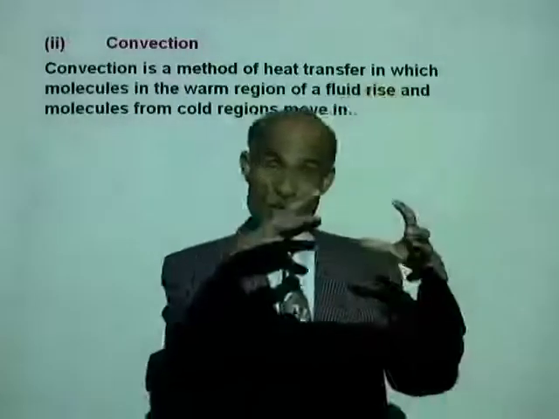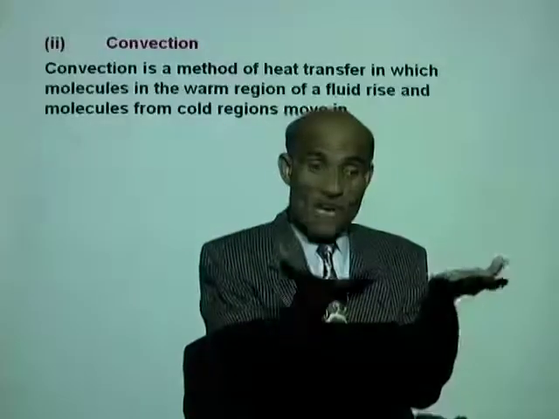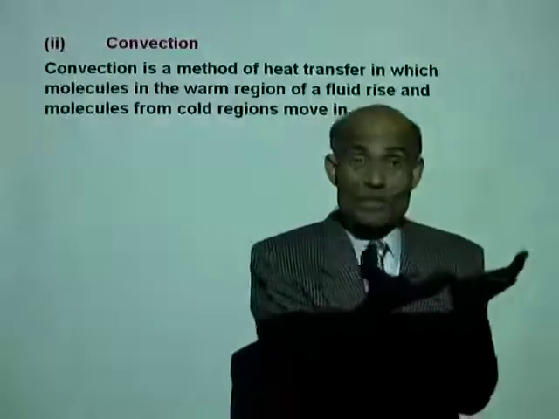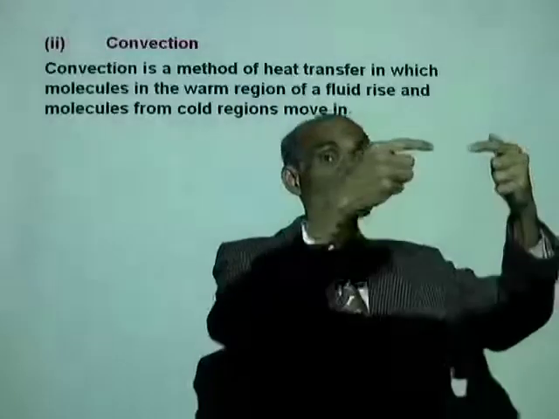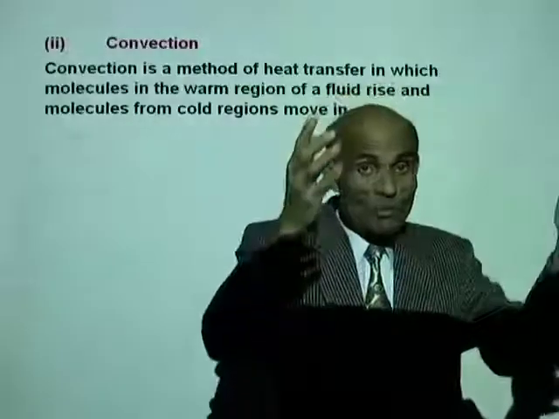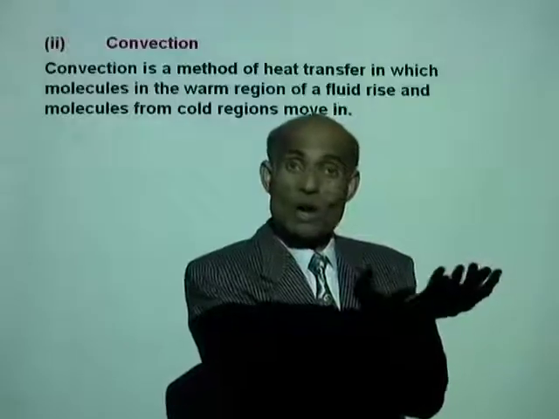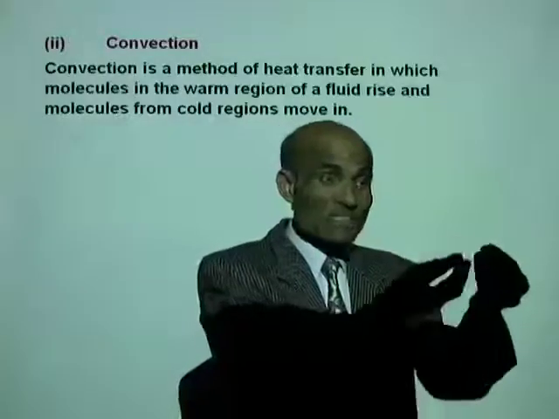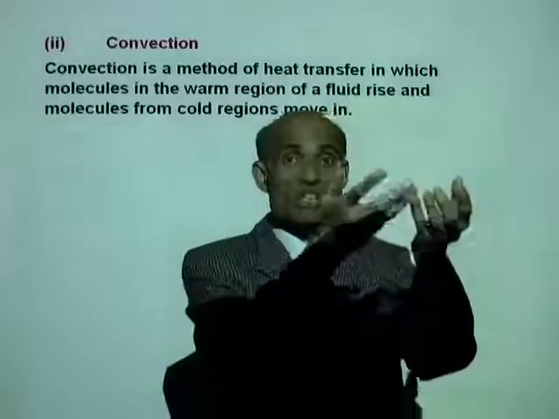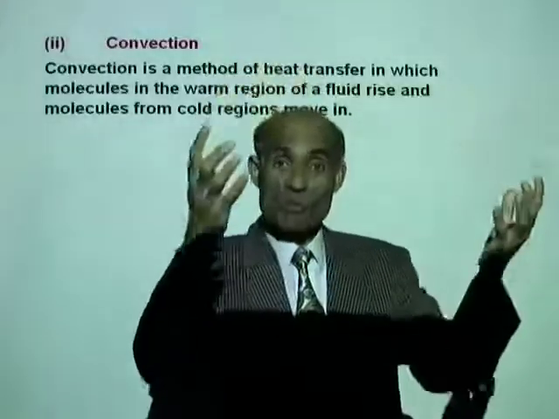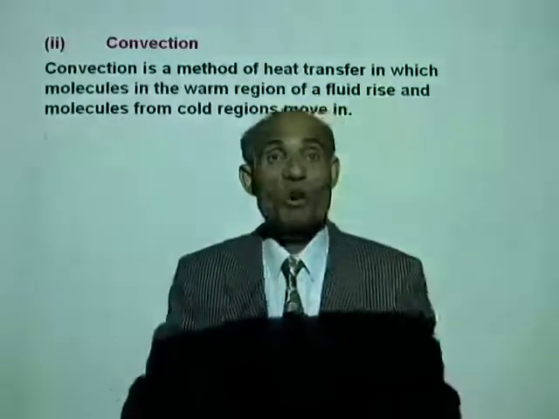If you put a pot of water on the stove and if you watch it carefully, as the bottom gets hot, the water at the bottom becomes less dense, it will rise, and water from the top will go down. Now next time you put a pot of water on the stove, watch it. You can actually see that convection current. Water from the bottom rising and the water from the top falling, so that the water in the pot will get uniformly heated.